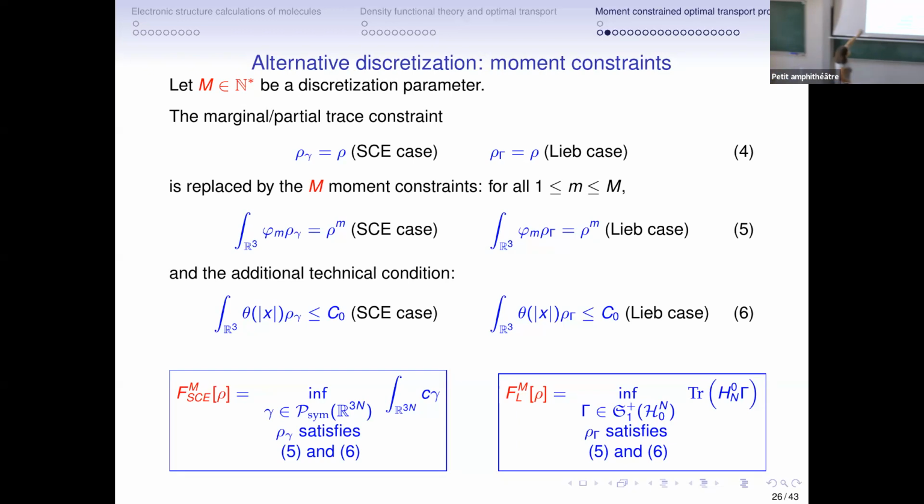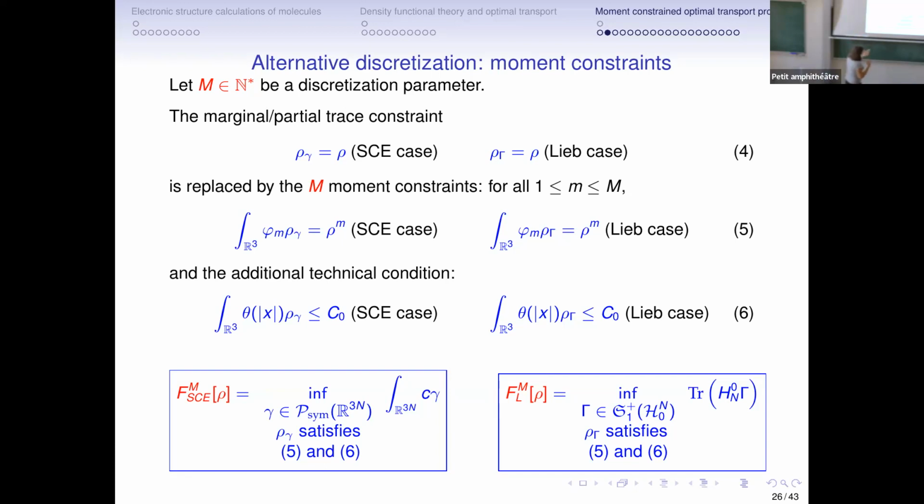They will be replaced by a set of m scalar constraints, which consist in just imposing the value of some moments of the electronic density associated to either the mixed state in the Lieb case or the probability measure in the classical optimal transport case.